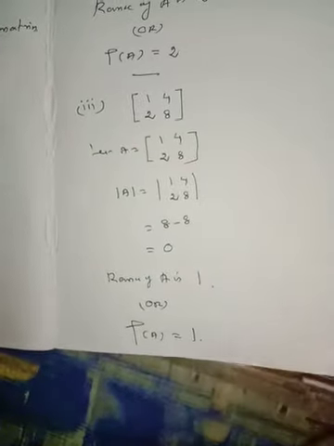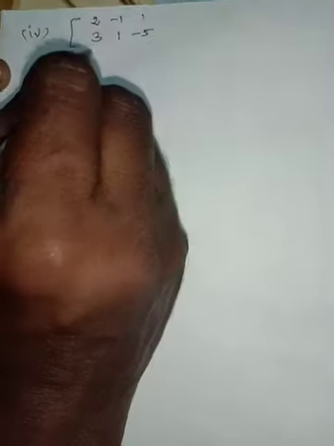Okay. Now, subdivision number 4. The matrix is 2 minus 1 1, 3 1 minus 5, 1 1 1.